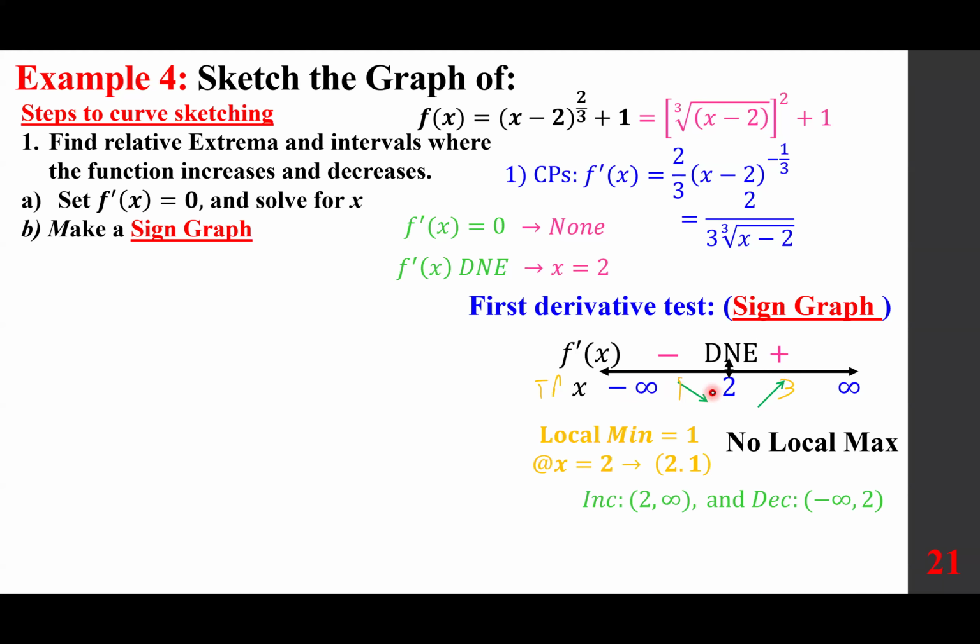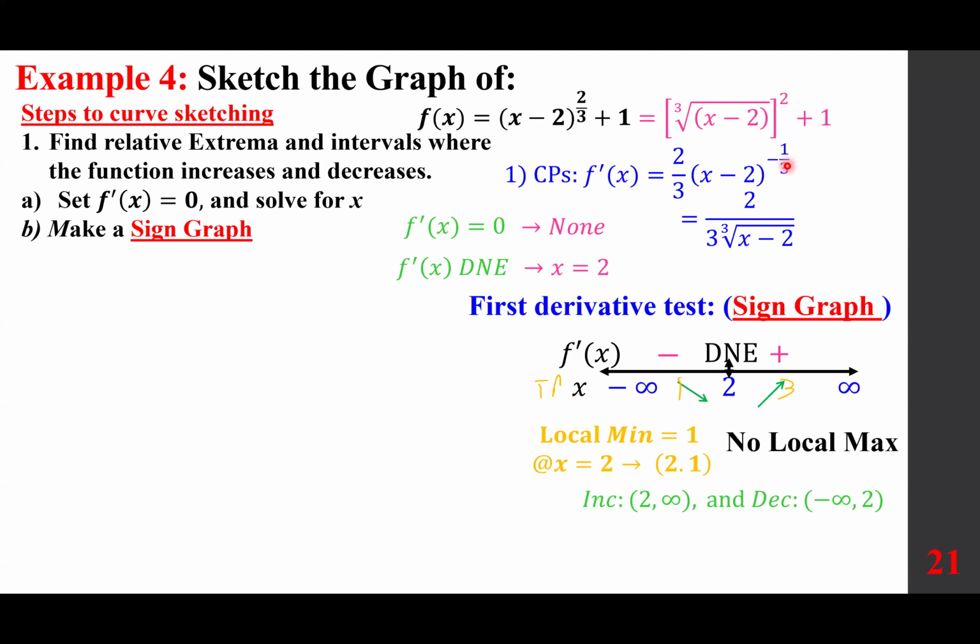So the first derivative test not only gives us intervals of increasing, decreasing, it also gives us local extrema. All right, let's go with f double prime. To go with f double prime, I'm going to differentiate this one, not this one. It's easier.